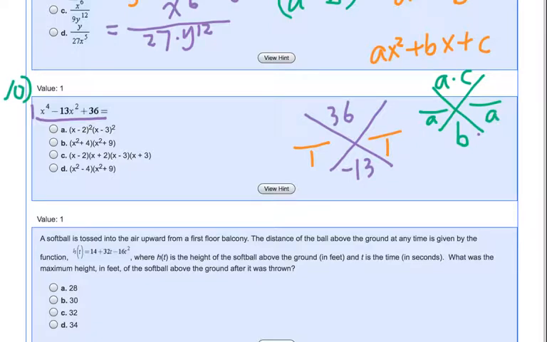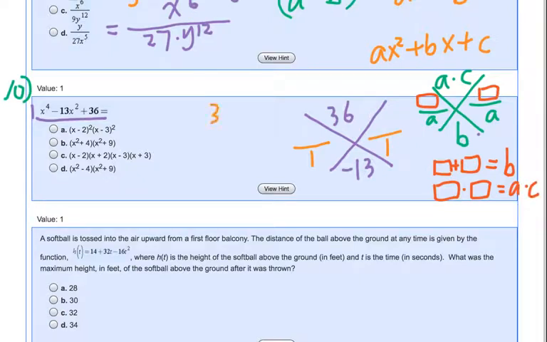Then I'm looking for two numbers here. Multiplication equals a times c, and adding together equals b. That means these two, adding, I will get b. And multiplication of these two, I get a times c.